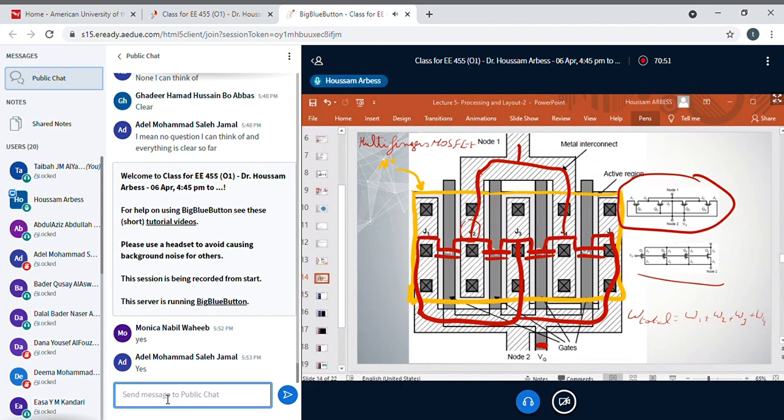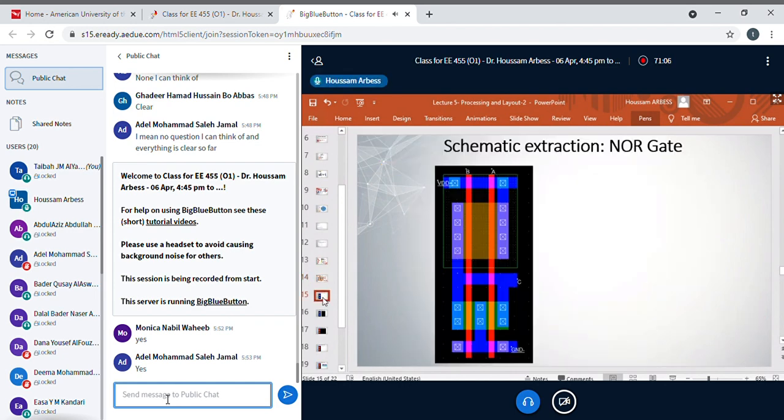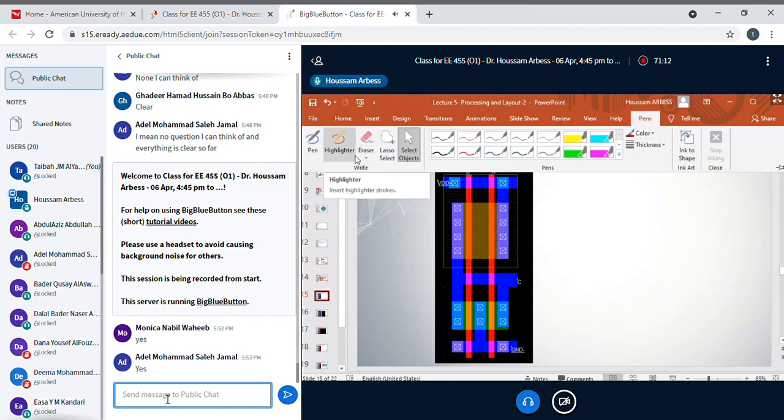Okay, guys? So always when you see a multi-finger MOSFET, you have to know that the width of this multi-finger MOSFET is equal to the sum of the different widths of the different MOSFETs inside, or let's say of the different fingers.